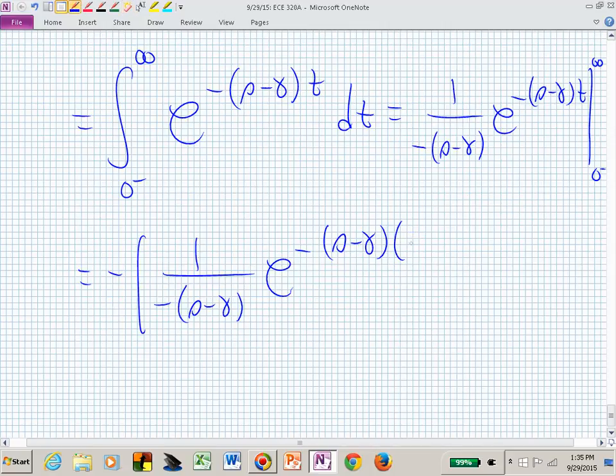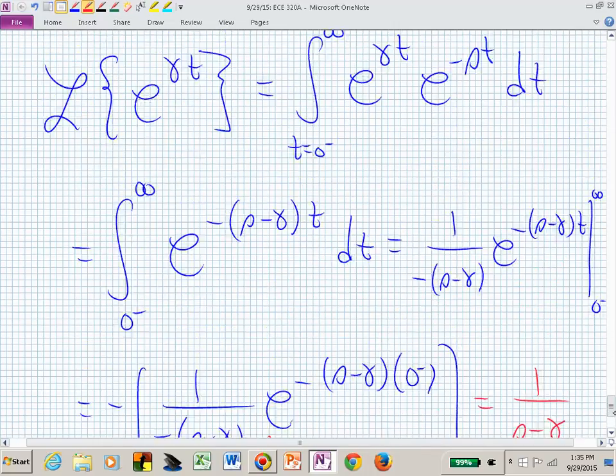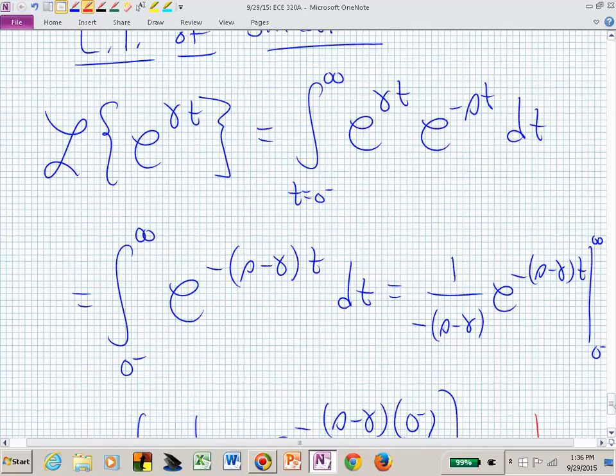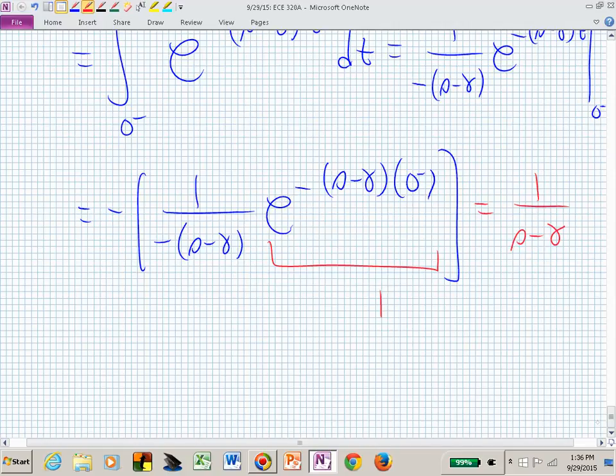And what's e to the 0? That's 1. And we have a minus. This actually ends up being 1 over s minus gamma. That's the Laplace transform of e to the gamma t. It's 1 over s minus gamma.